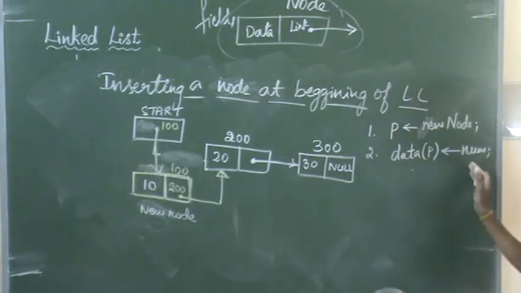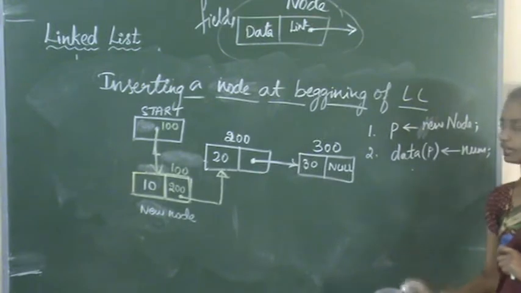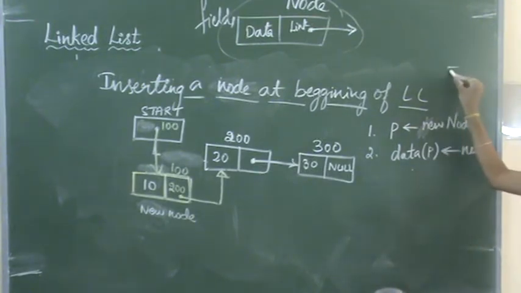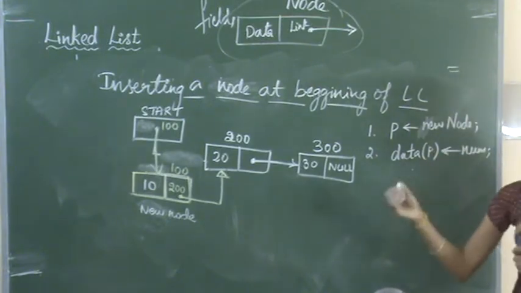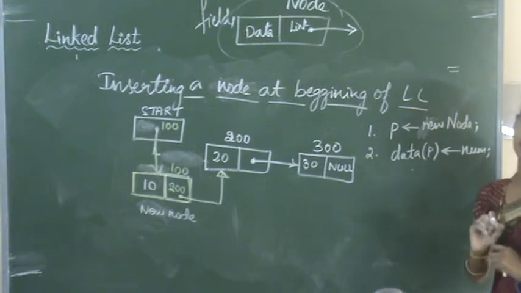So num, I give num, so whichever value you need will be inserted there. Here, why am I using this arrow mark instead of equals? In pointers we use arrow marks to assign the values.